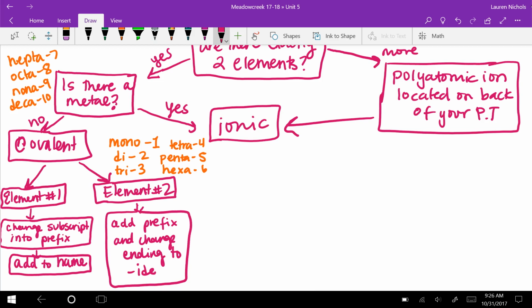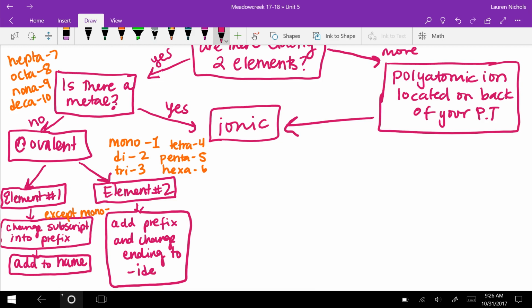One thing I forgot to mention with adding the prefix is the exception for mono. You do not add mono to the beginning of the first element. You can add it to the beginning of the second element though. So you add the prefix and change the ending to IDE, and that takes care of covalent compounds.